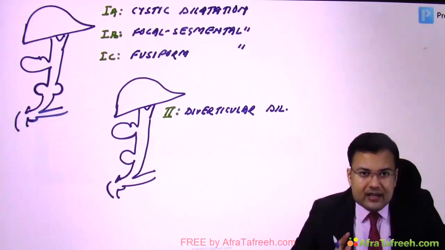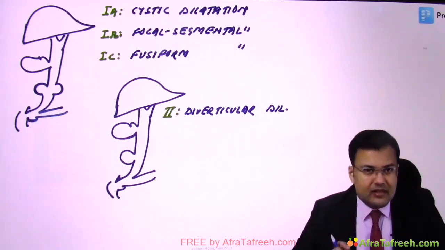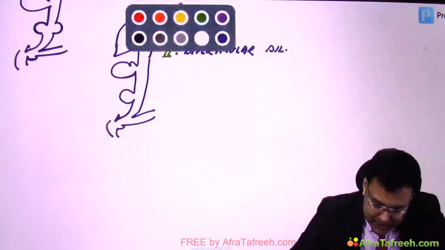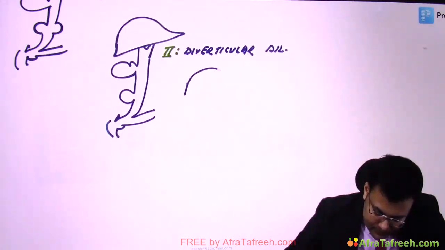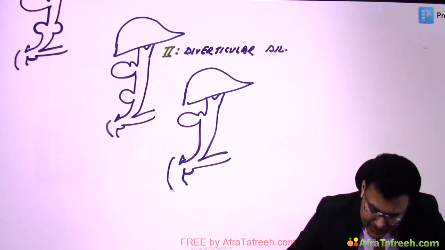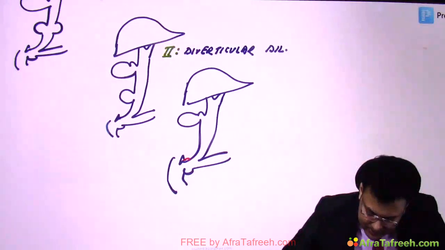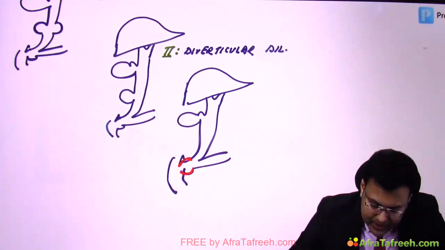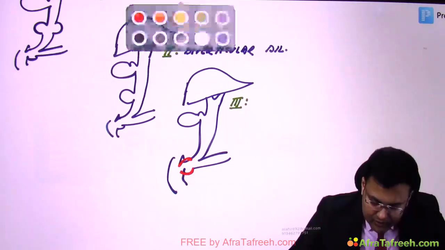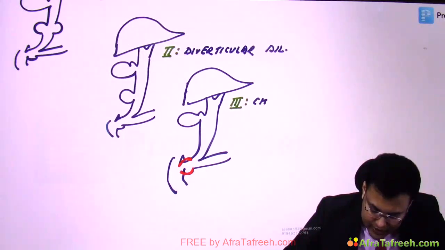So if the terminal part of the bile duct, which is in the duodenum, is dilated, that's known as choledochocele. This is type 3, and the other name for type 3 is choledochocele.